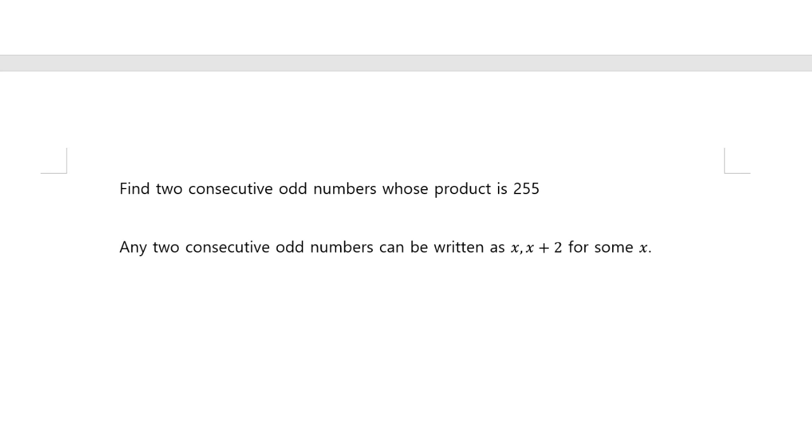And if you notice that, then the equation is very easy to solve. It's x times (x plus 2) equals 255. x times x is x squared, plus 2x, and then you can subtract the 255 to the right side.